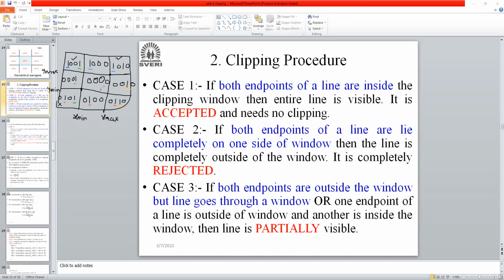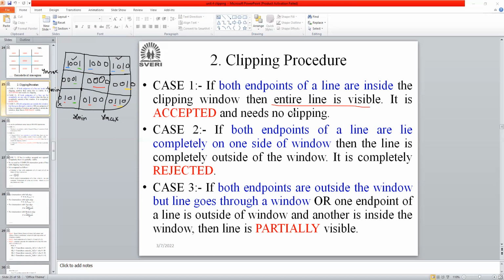For example, this is your clipping window having the outcode 0000, and I will have a line like this. You can see that the line is totally inside. So if both the endpoints are inside the clipping window, then the entire line is visible and it is accepted. So it does not require any clipping.